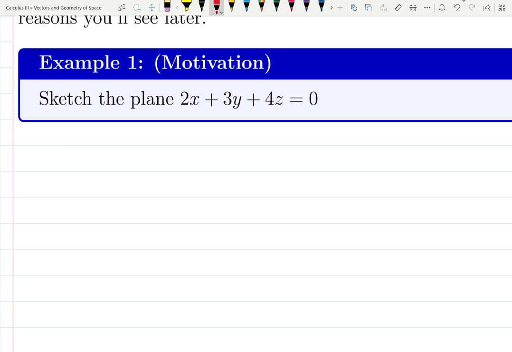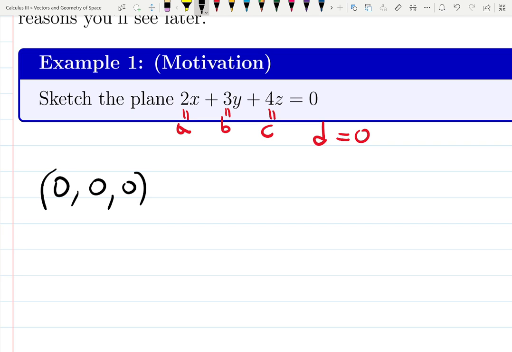I have A is 2. Well, I can do it like this. A, B, C, and then D is 0. That's what is going on. So if I plug in 0, 0, 0, it gives me 0 equals 0.